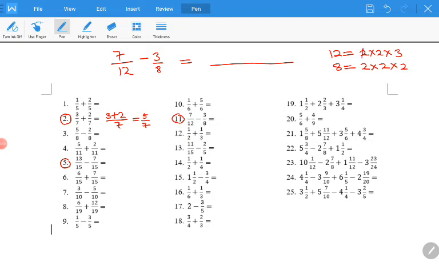So if I cancel this 2 and this 2, this 2 and this 2, so our lowest common multiple is equals to 2, this 2 times 2 times this 2 times 3. So this gives us 24. So 24 is our lowest common multiple.